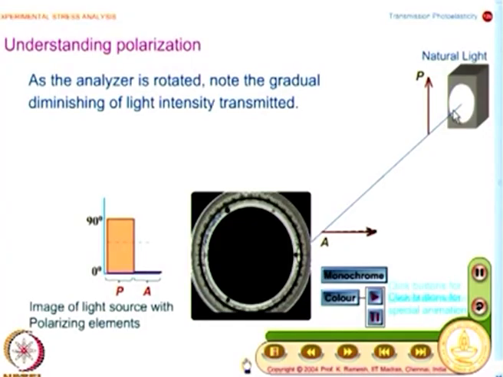And what you saw here was, for a multi wavelength also, when the polarizer and analyzer are crossed, the light is extinguished. When I have a monochrome source also, the light is completely extinguished and you see black, and this is a very important aspect that you have to keep in mind, because when I go and put the model in between the polarizer and analyzer, we will also look at qualitatively how a fringe gets formed.